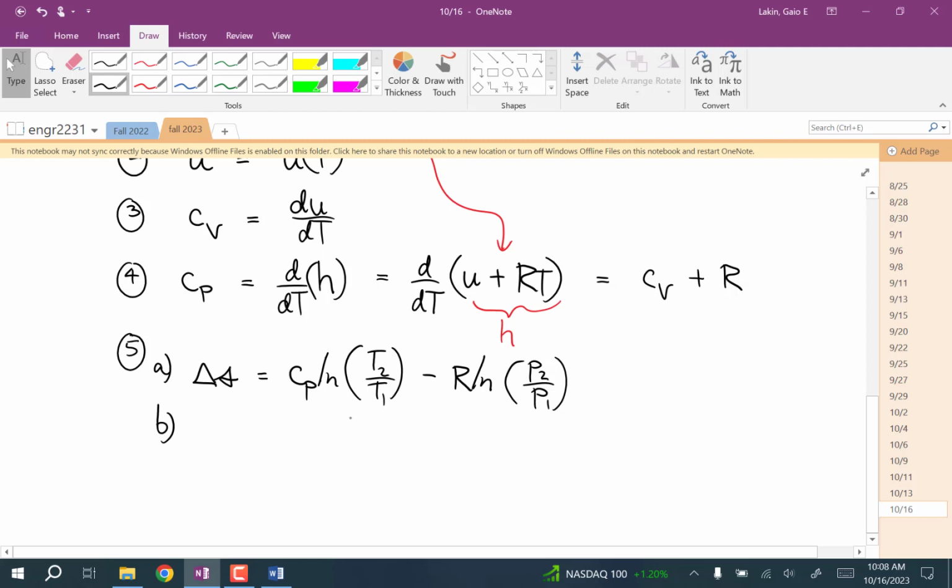You can also do this in terms of temperatures and volumes: the change in specific entropy is equal to Cv times the natural log of T2 over T1 plus R times the natural log of V2 over V1.